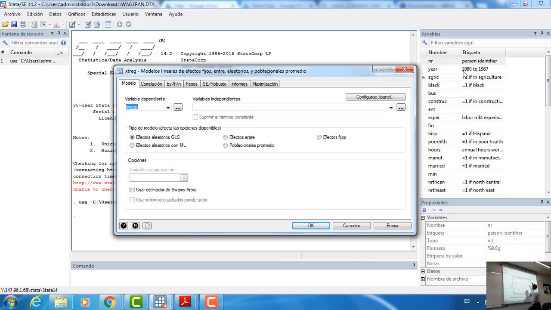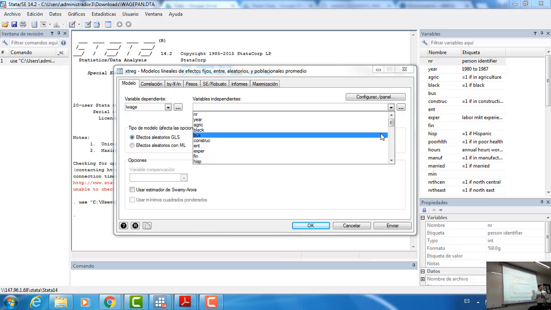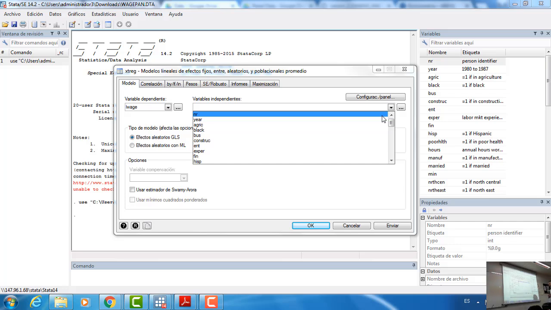Well, you may look here and see that they appear in order. So you may want to look and check here which ones may be important and which ones may not be important.